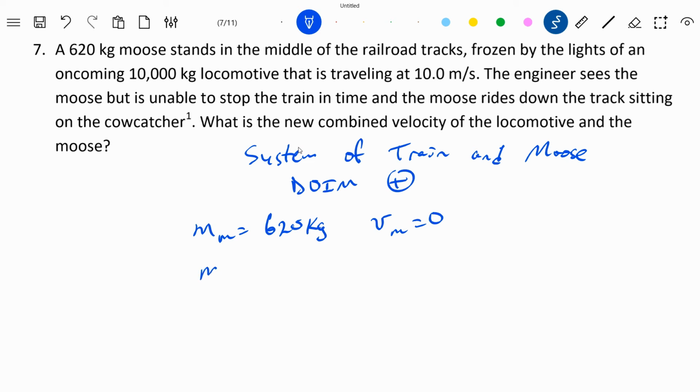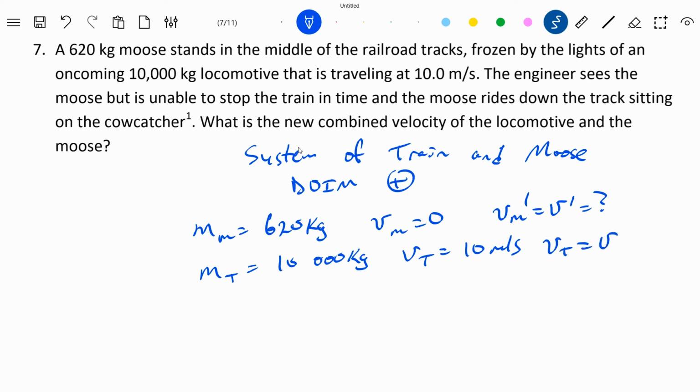Then the train has a mass of 10,000 kilograms. The velocity of the train before it hit the moose was 10 meters per second. And it doesn't explicitly say it, but it kind of does: combined velocity. So the velocity of the moose after is a generic v prime. The velocity of the train is the same generic velocity, since they will move together.